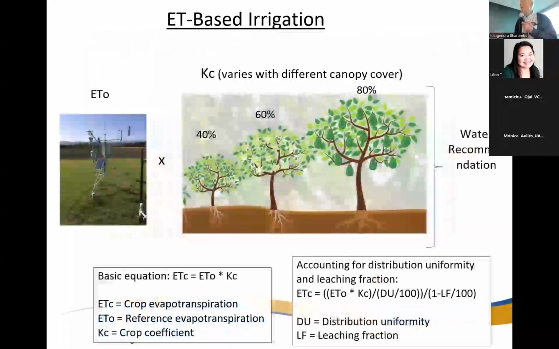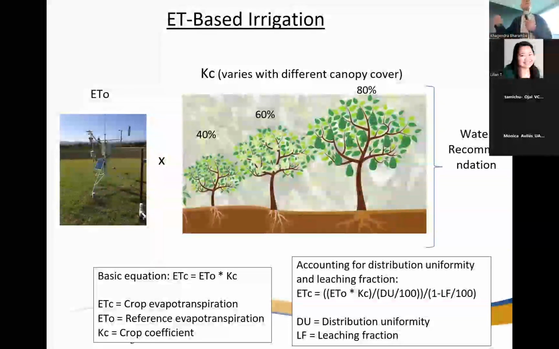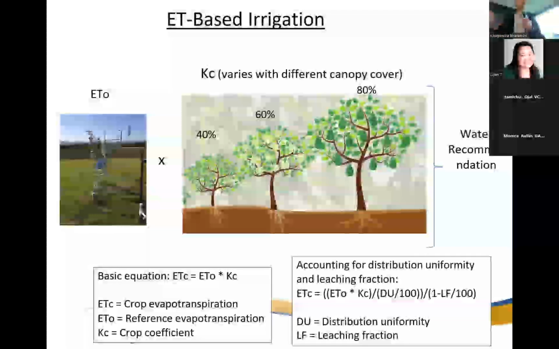So in order to use this irrigation scheduling method using evapotranspiration weather stations, you need to know what the baseline driving force is, how much energy is coming into the system to drive it. And then we've got a correction factor called the crop coefficient, which corrects for the size and the type of crops.